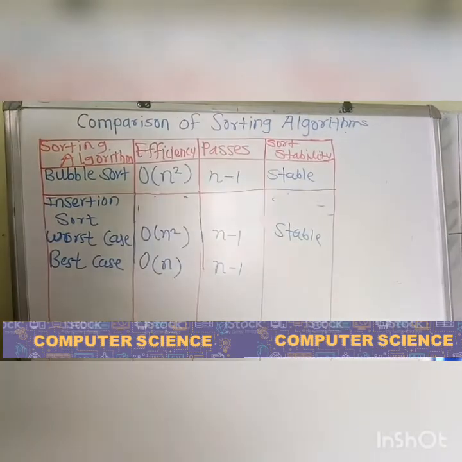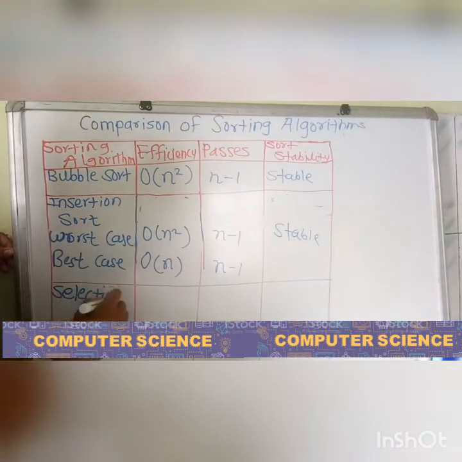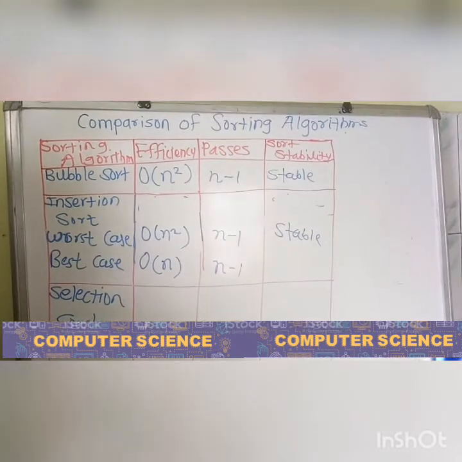Coming to the next, we will see the third type of sort or algorithm, that is the selection sort. Selection sort is one of the types of sort which requires only a few comparisons, meaning when accuracy is more important than the data, then it will select the selection sort.